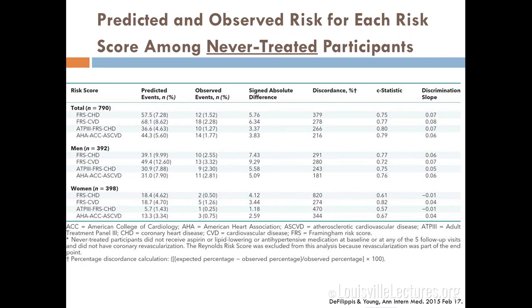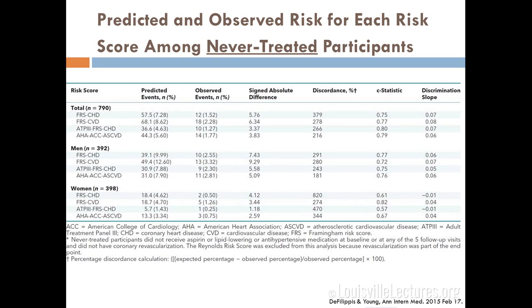So we did what's called a sensitivity analysis. Now, the purpose of a sensitivity analysis is not to stratify the groups and say, oh, the risk score is so much worse or better or so forth. It's to see if there's any evidence, any inkling to drive the hypothesis that medication use is what is explaining your risk overestimation.